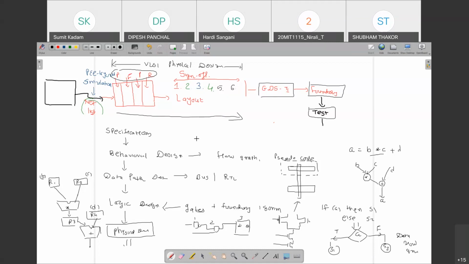The difference in behavioral modeling, data flow: the way you are writing your VHDL or Verilog code, you can write at the behavioral level, at the functional level, or at the structural level. But the ultimate, final output is your logic design. Okay.